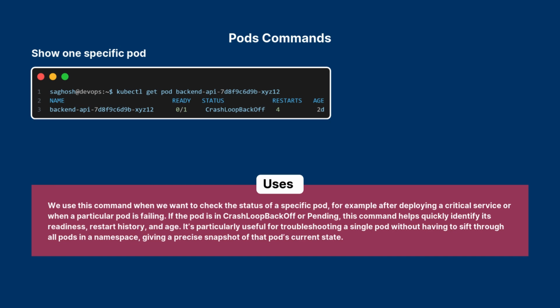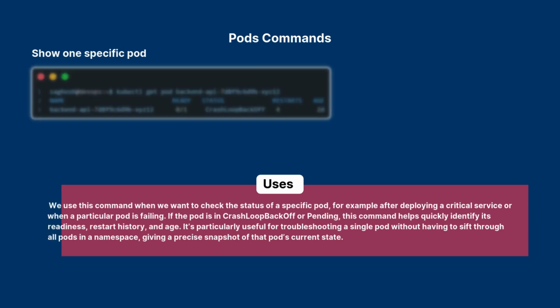For example, after deploying a critical service or when a particular pod is failing, if the pod is in CrashLoopBackOff or pending, this command helps you quickly identify its readiness, restart history, and age. It's particularly useful for troubleshooting a single pod without having to sift through all pods in a namespace.